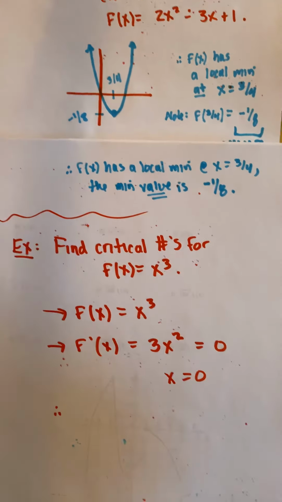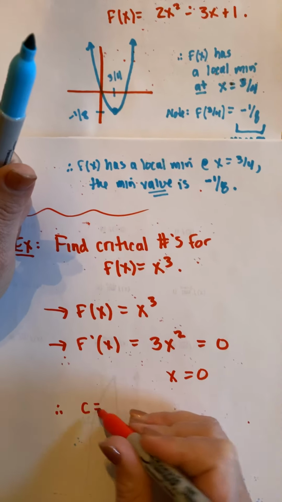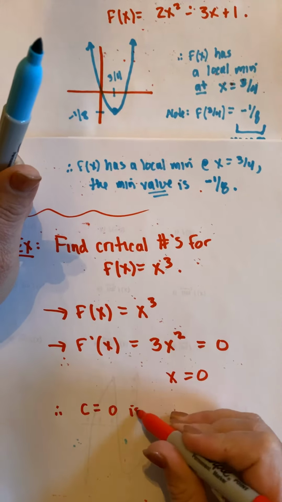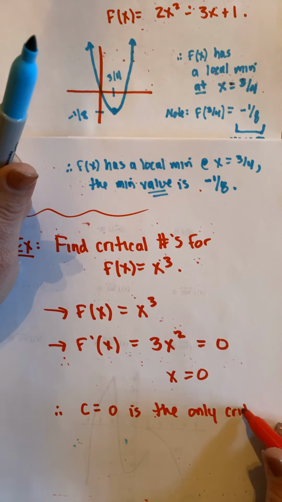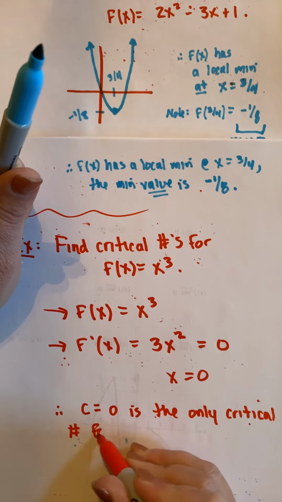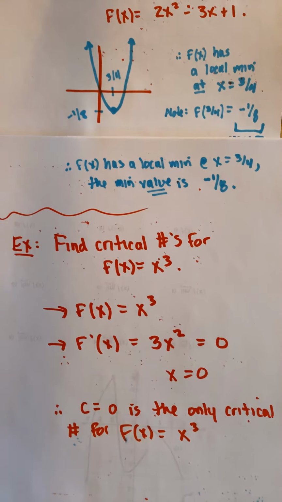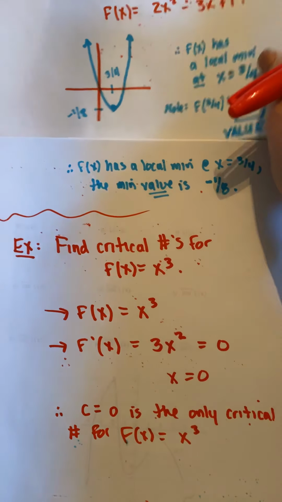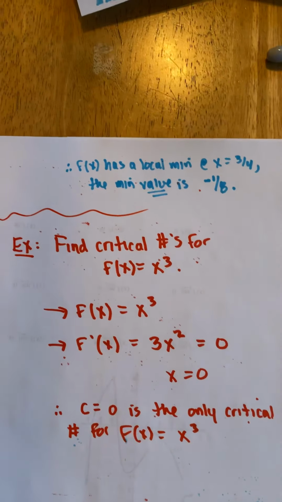Usually we just call them c. You can say x equals 0, you can say the critical number is 0, but we can say c is equal to 0 is the only critical number for this function. So if x cubed has a local max or min, it's going to happen at 0.